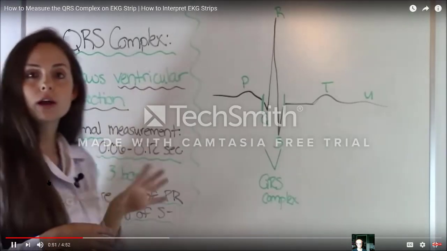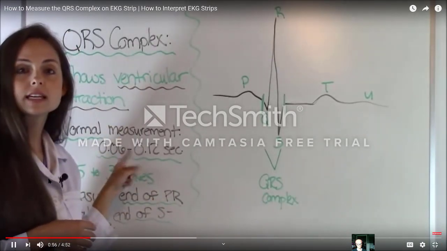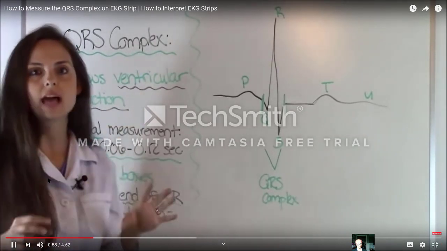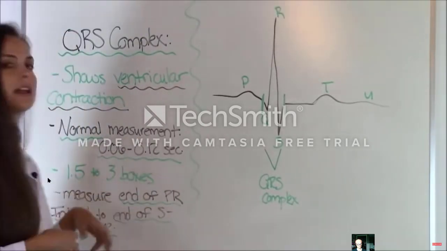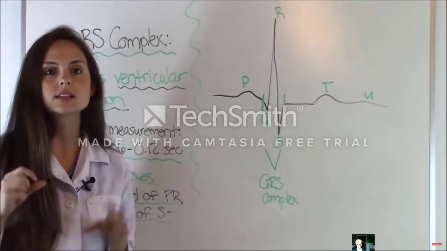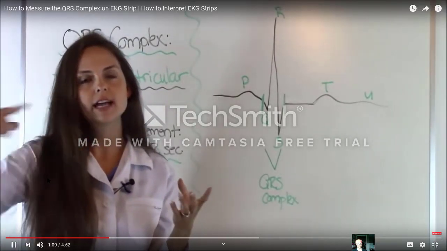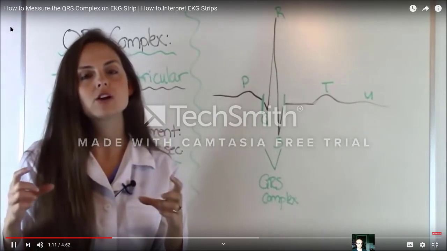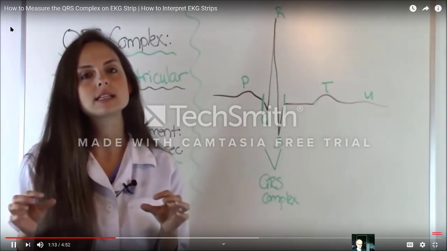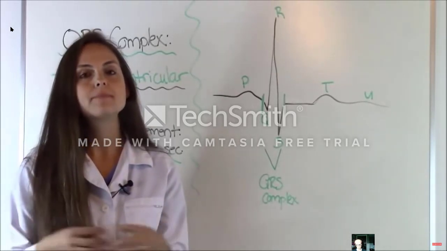A normal QRS complex measures between 0.06 to 0.12 seconds. This will calculate out to be 1.5 to 3 small boxes on your EKG strip. Now, when you're looking at an EKG strip, you have your EKG, and then behind it in the background are little small boxes. Those little small boxes represent a measurement of time.